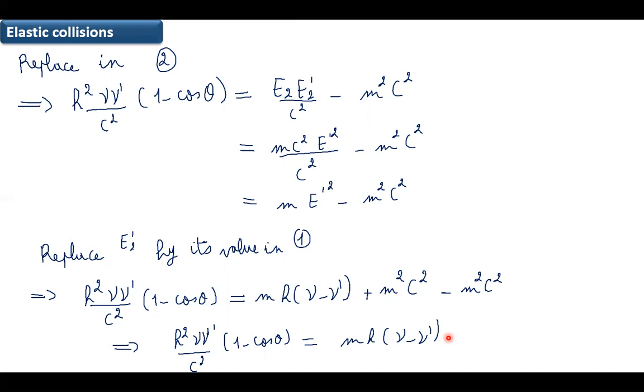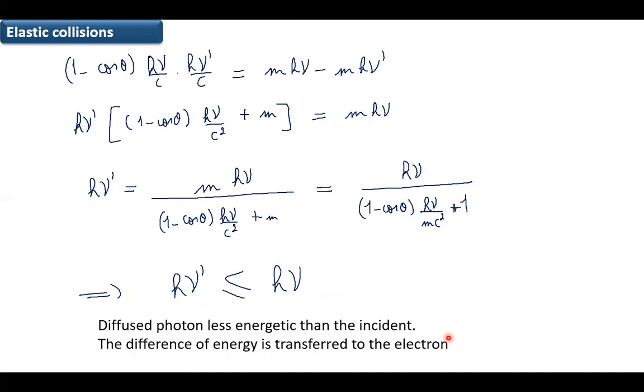So we continue our calculations using this form of the equation: (1 minus cosine theta) h nu over c times h nu prime over c is equal to m h nu minus m h nu prime. We put h nu prime as a common factor.